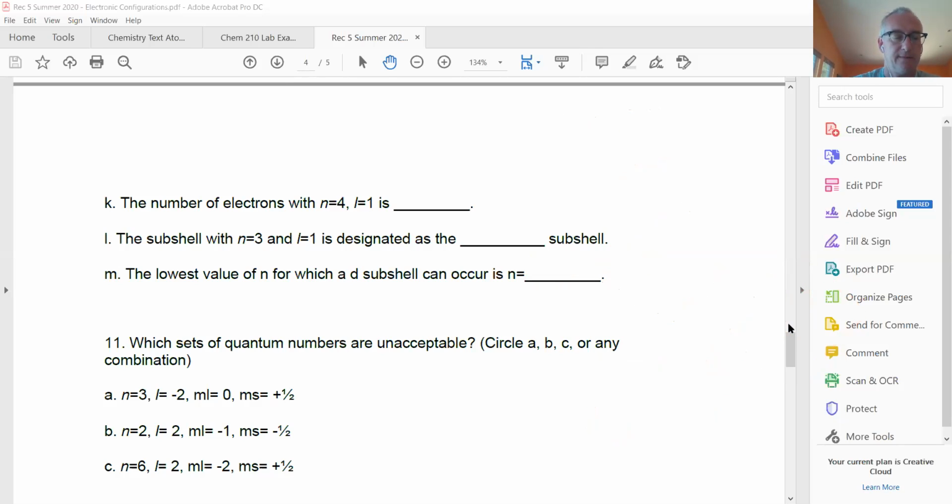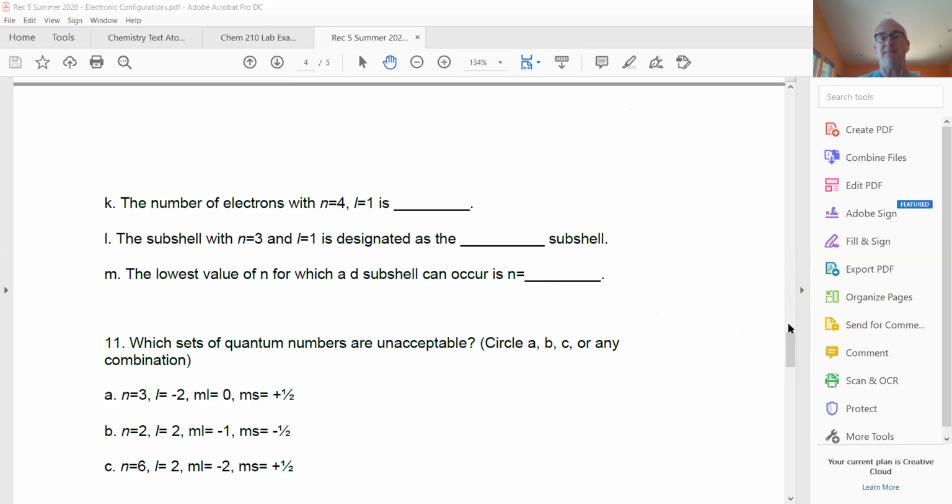Professor, I have a question. When you say give two examples or list two elements that are examples of the following, do you just want us to write the symbol and the name, or the electron configuration as well? As long as the question just says name two examples, that's all you need to do.